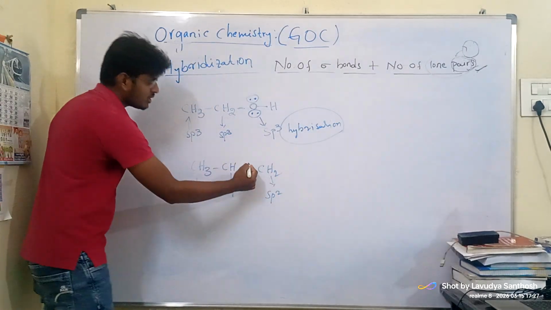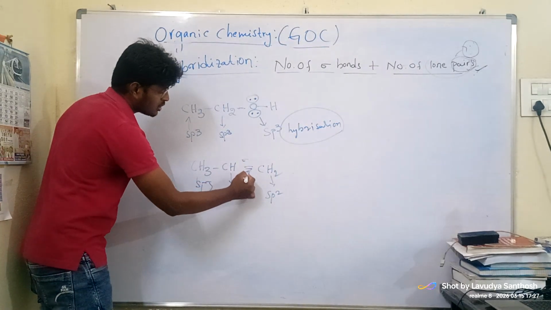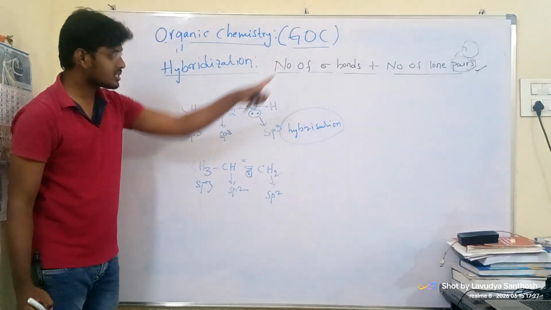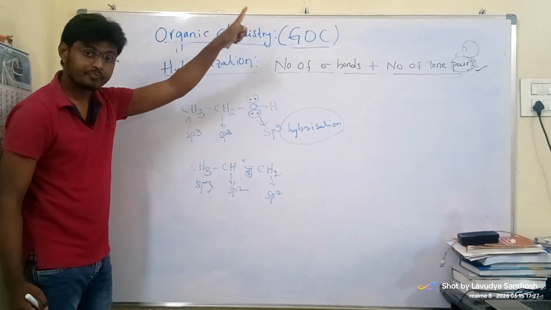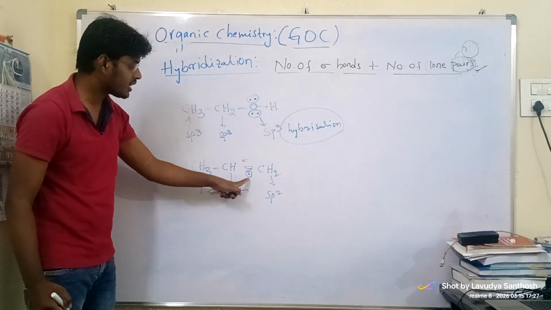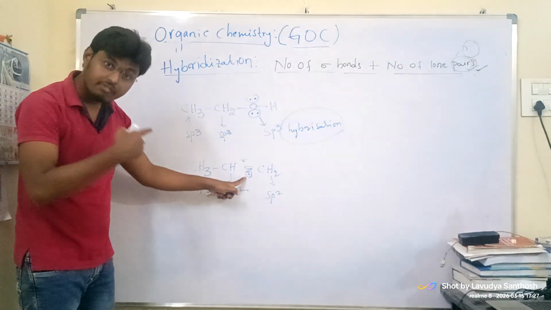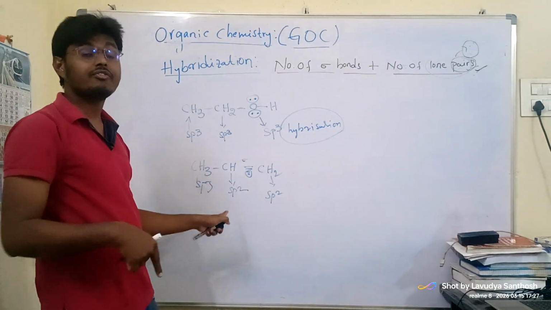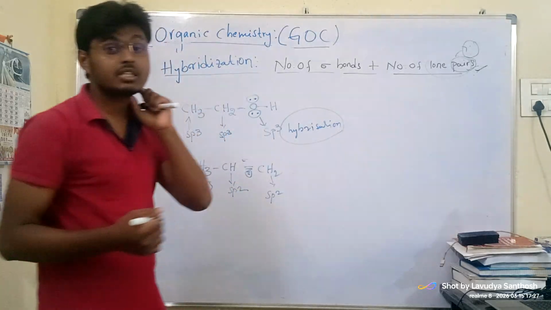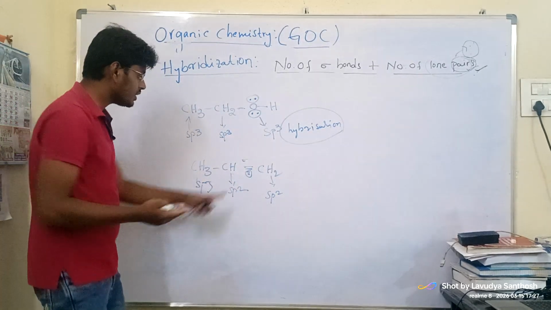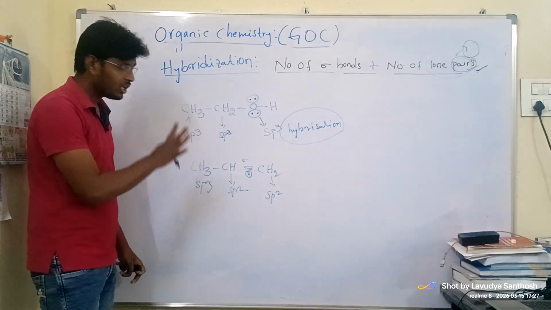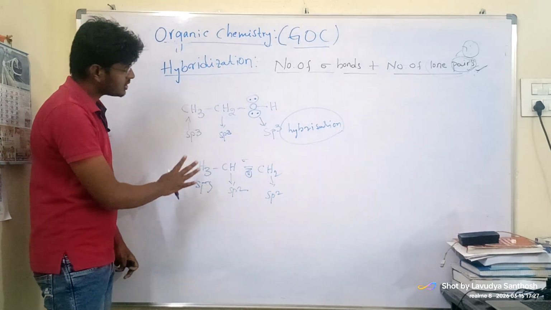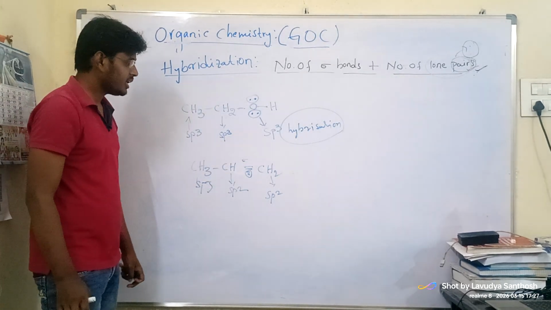Of the double bond, one is a sigma bond and one is a pi bond, so we are not considering pi bonds in the concept of hybridization. In calculating hybridization we are not counting pi bonds. I will tell you the story of why we do not count them in further videos, but up to here, don't count the pi bonds in the calculation of hybridization.